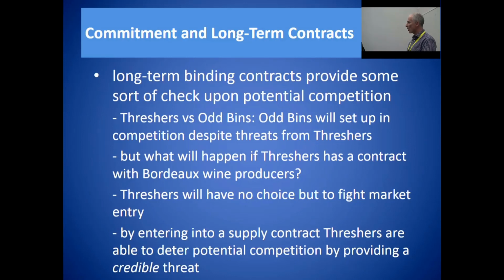And so, Odd Bins reasons, if we enter the market, Threshers will fight us. Whereas, if we stay out of the market, that is a more preferred outcome. And hence, by having a long-term binding contract, the outcome of this game is changed. And often, in a real-world business setting, that's exactly why firms do invest in such contracts, to deter potential competition.